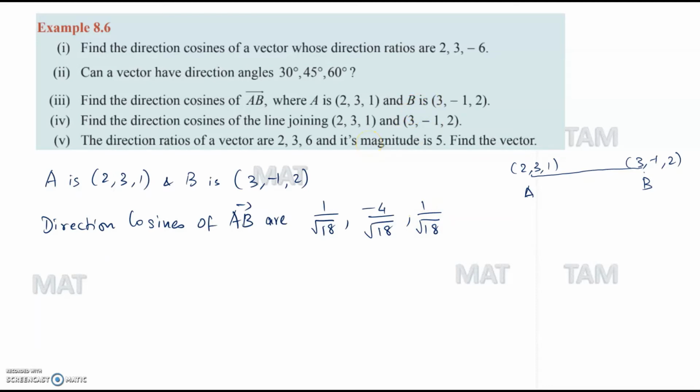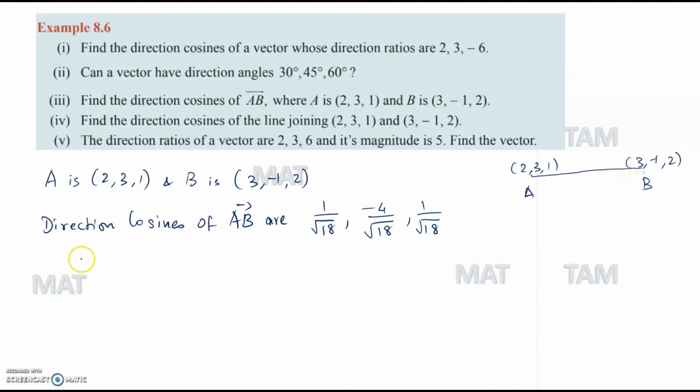Now, but any point can be taken as first point, which means you can take B also as the first point. Hence, we have another set of direction cosines with opposite direction.